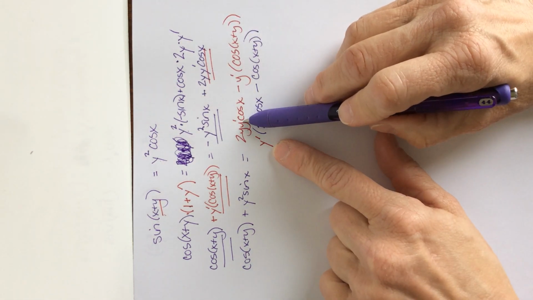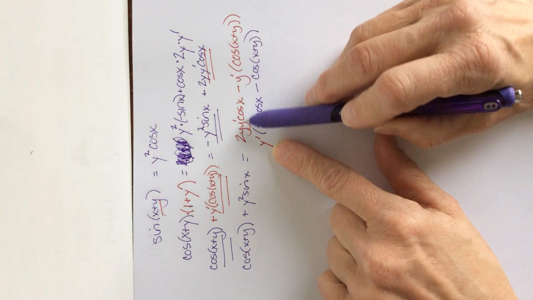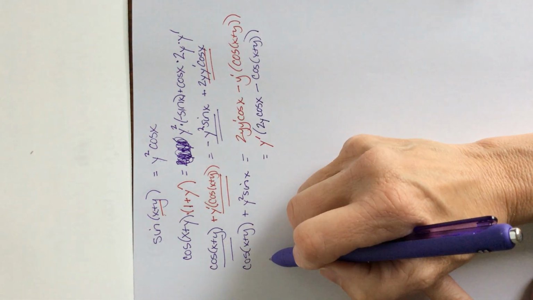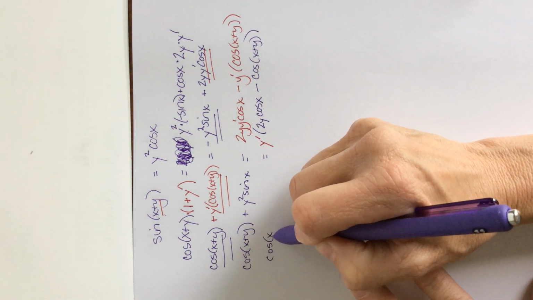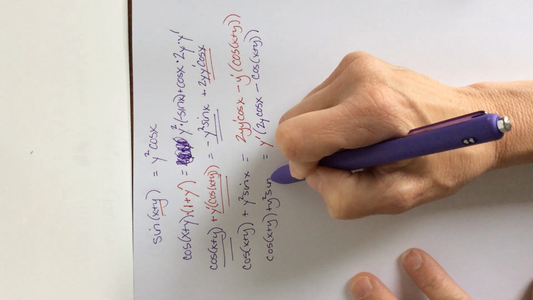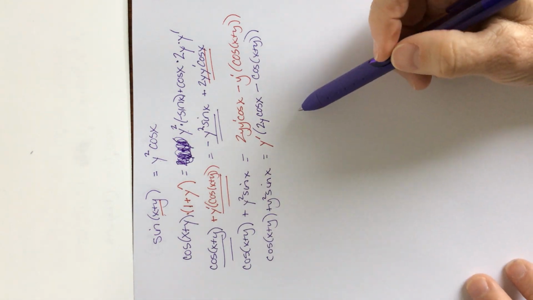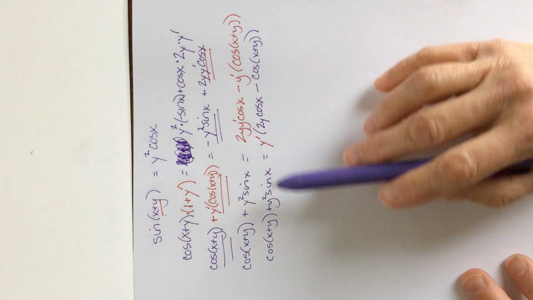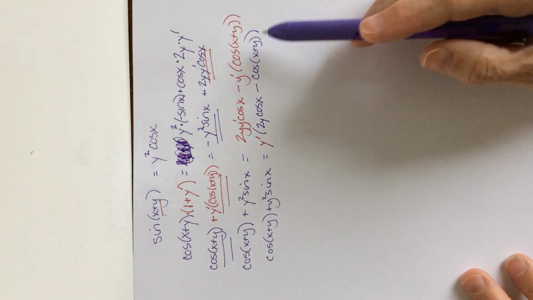All I did was factor the y prime out of these two terms. And over here on the left, I still have cosine of x plus y squared sine of x. And then all I have left to do to get y prime by itself is to divide both sides by this expression.